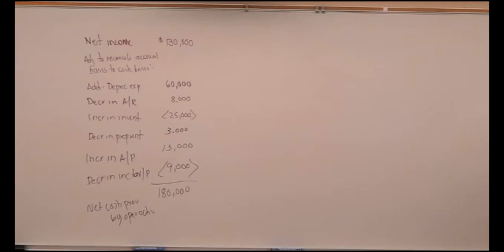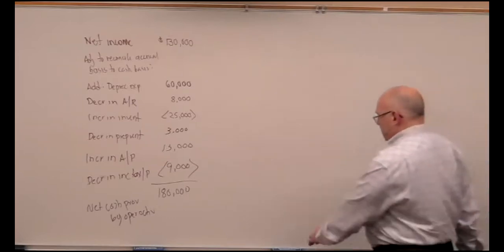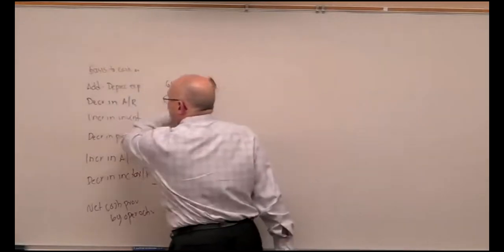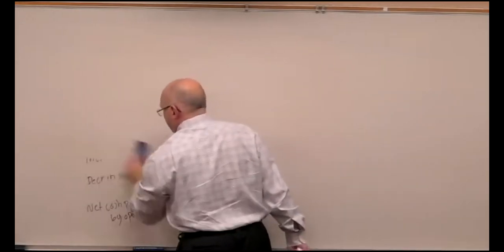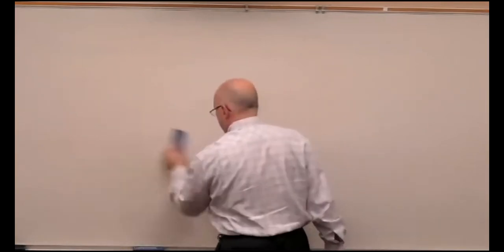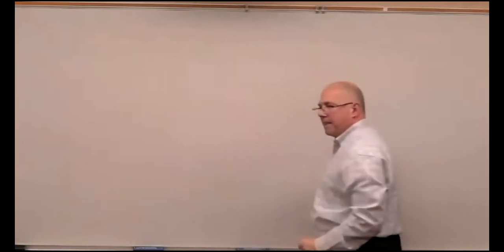Okay, so any questions about 11? Okay, so we have some time, so let's go over everything for the test. We have Chapter 6, Inventory and Cost of Sales. Chapter 7, Long-Term Assets.